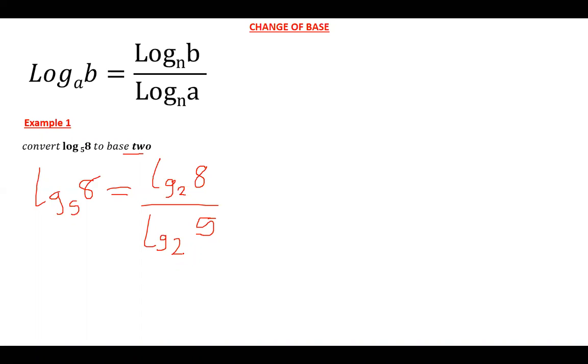All right, let us look at some other example. We have examples here which say find the value of x for which x is equal to log 64 base 2, and then log 25 base x is equal to 2, and lastly log x base 3 is equal to 4.